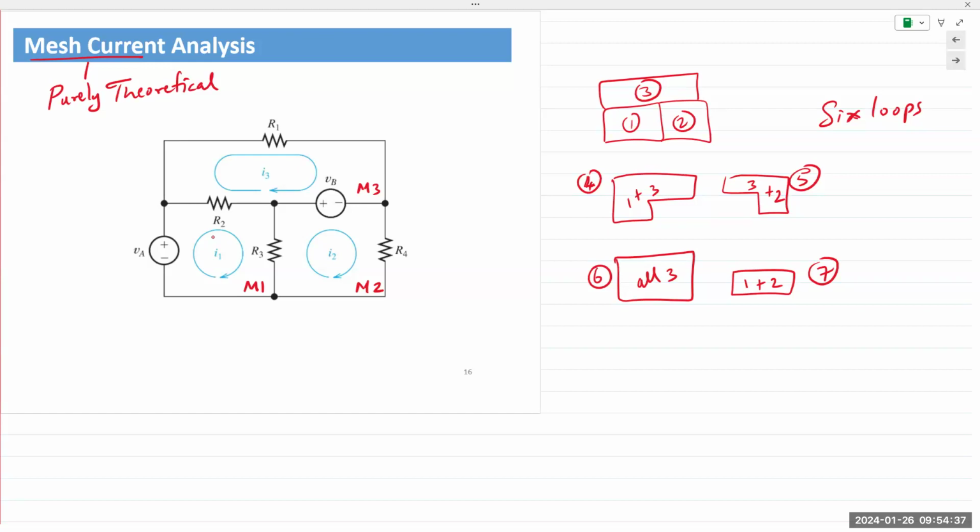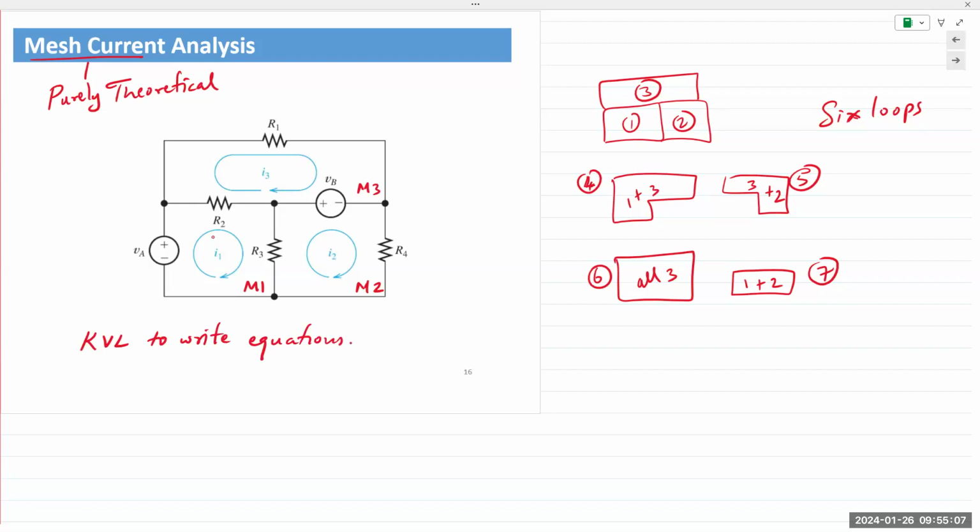So once I have my clockwise direction for the current, now remember, in node voltage analysis, I said we apply Kirchhoff's current law, KCL, to write our equations. So for mesh current analysis, any guesses on what we use? KVL. Mesh current analysis uses KVL to write equations.